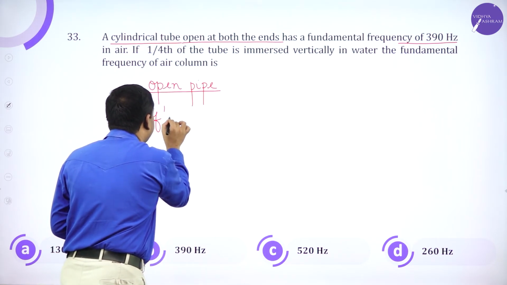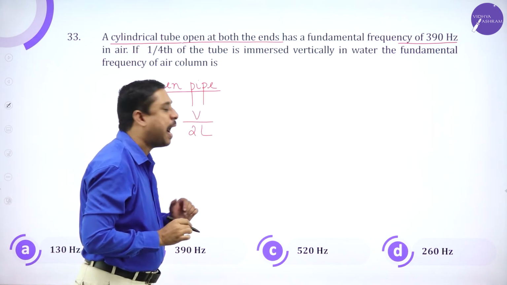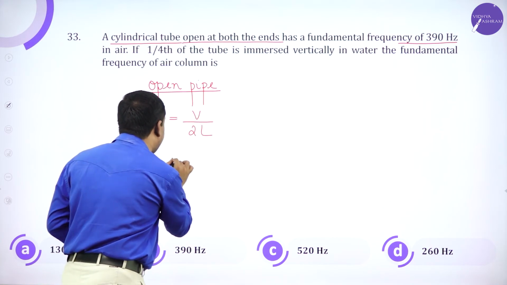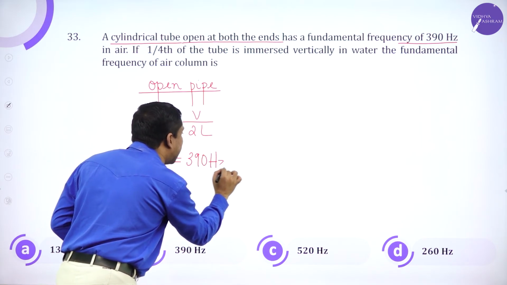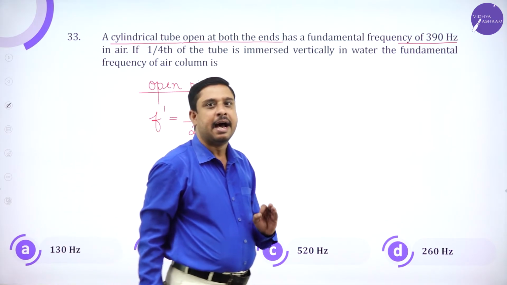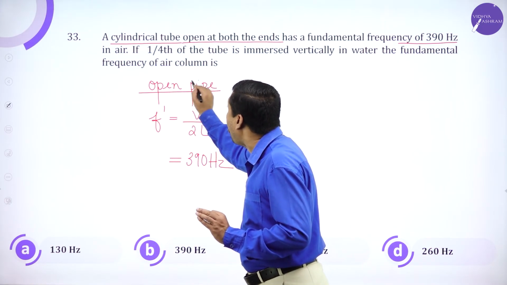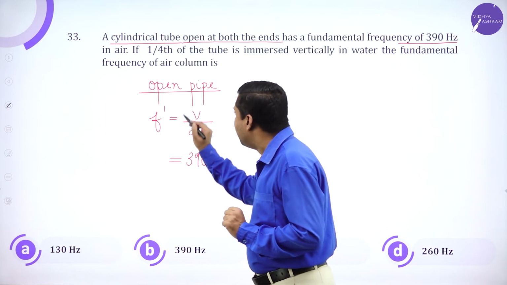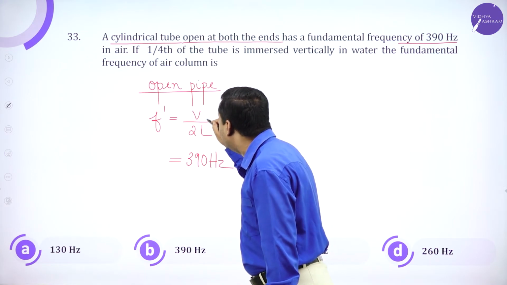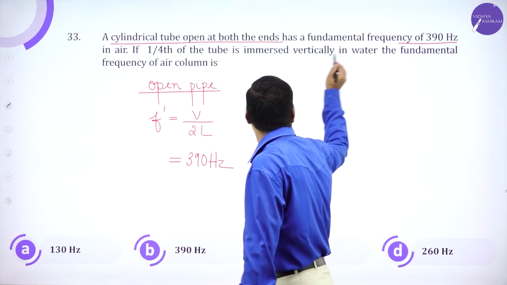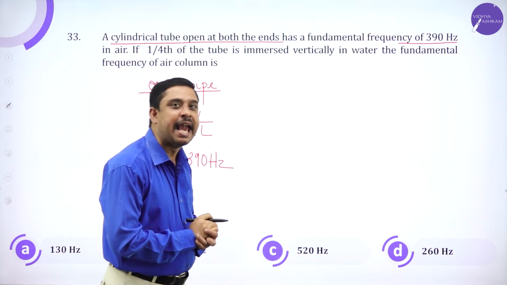What is the fundamental frequency of an open pipe? V by 2L, and according to the problem, this is 390 hertz in air.